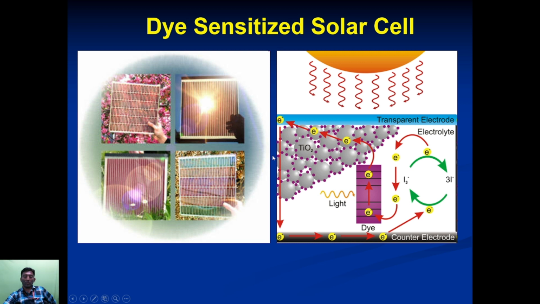Those chemicals, TiO2, titanium oxide, can generate electricity by following the solar photovoltaic effect. That is, when photons strike, electrons will move, and the movement of electrons through a conductor gives us electricity.